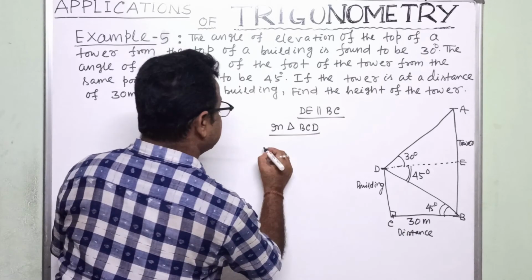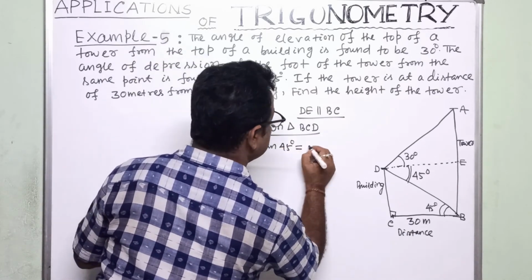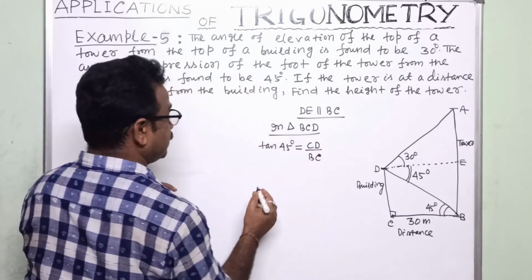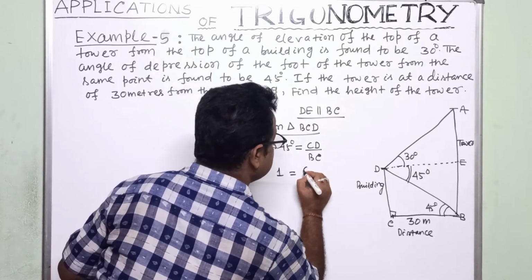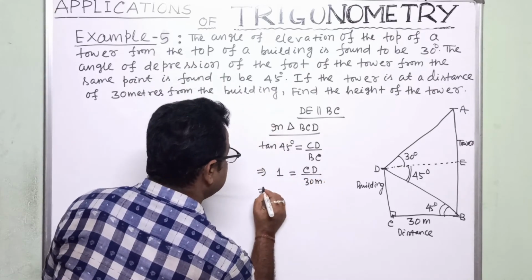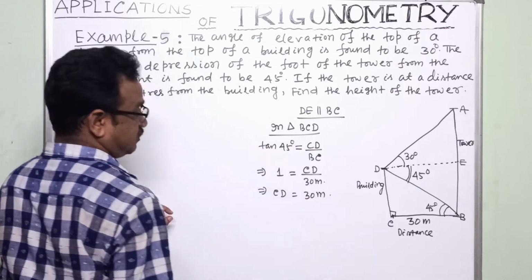In triangle BCD, tan 45 degrees is equal to CD by BC. So that implies 1 is equal to CD by 30 meter. That implies CD is equal to 30 meter.